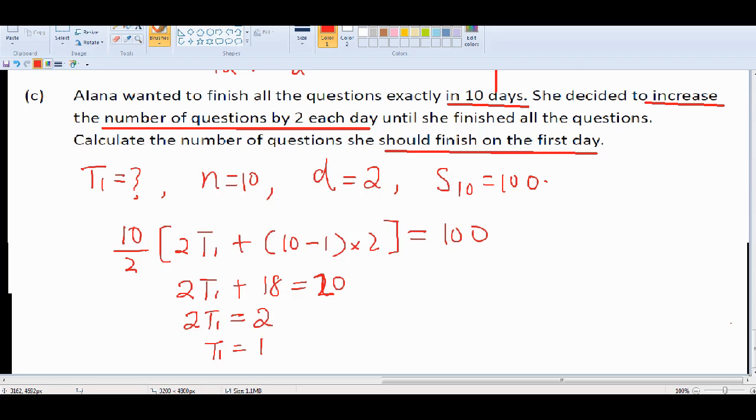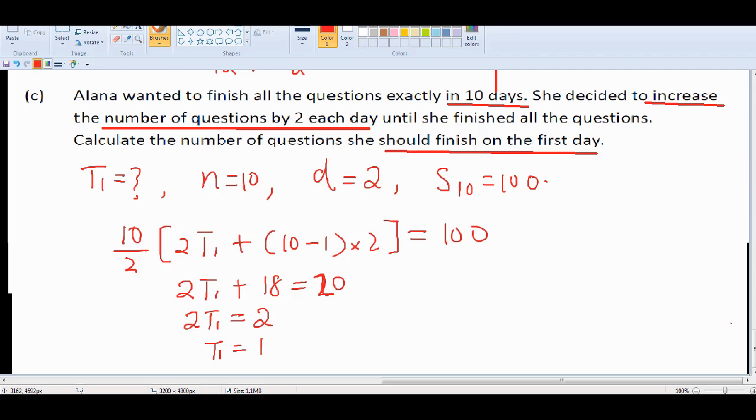The number of questions she increases by each day is 2, so that means the common difference for the sequence should be 2, and she still needs to finish all 100 questions by Mr. T. So that means S10 equals 100, but the question is how many questions she should finish on the first day. So in her case, she needs to find T1.